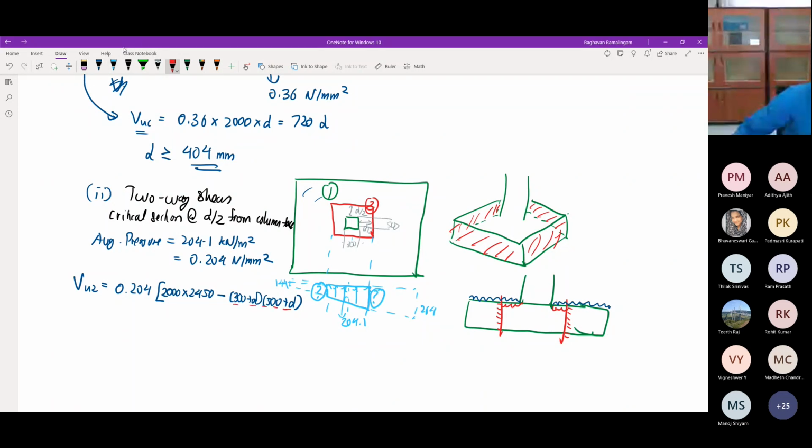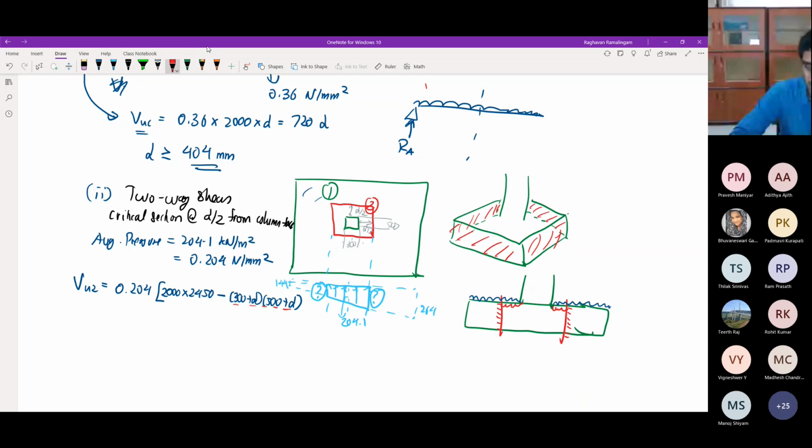So this corresponds to, for example, a simply supported beam. What do you do? I ask you to find shear at one particular location. All that you do is find the total forces acting on one side.